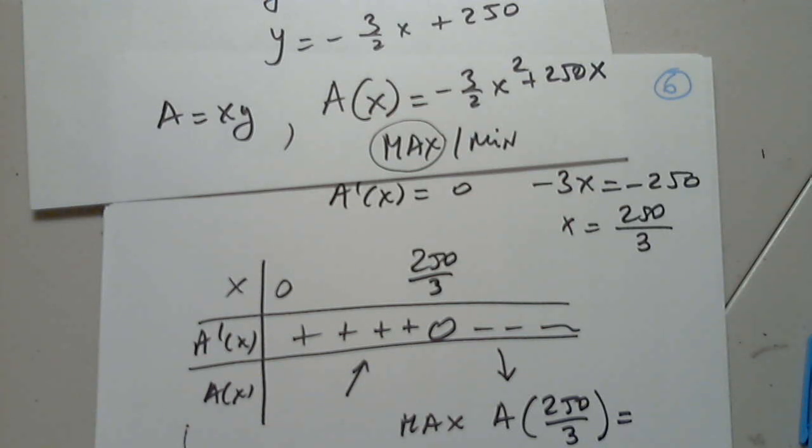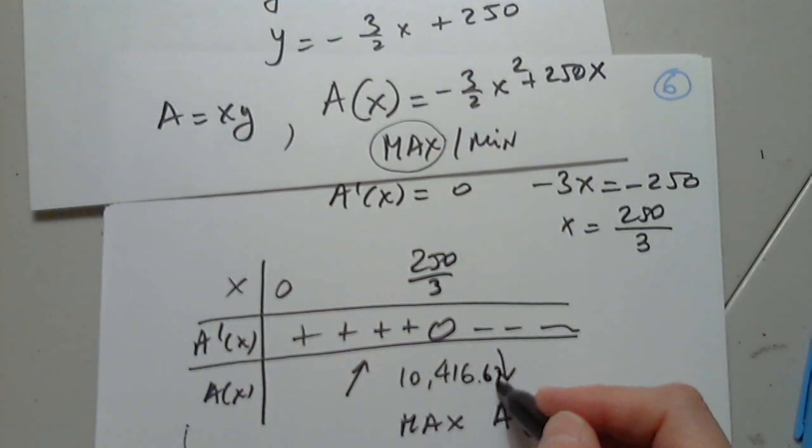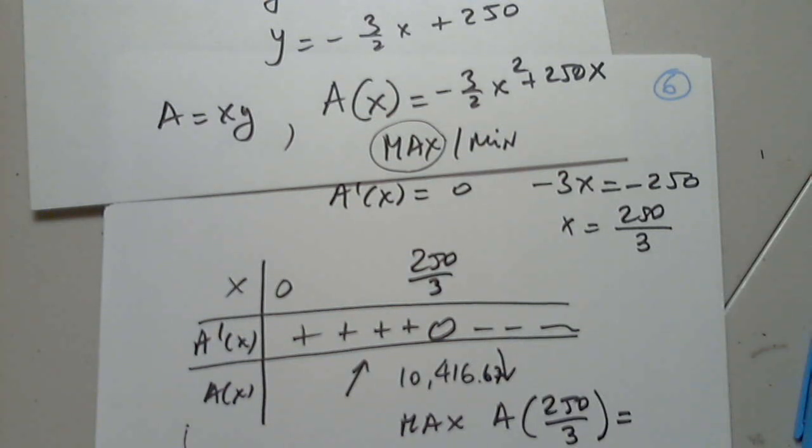So it's squared, divided by 3. So I got, even if they're not asking us, I still would like to see 10,416.67. And this is the area in square feet, of course. Any questions? Any questions?